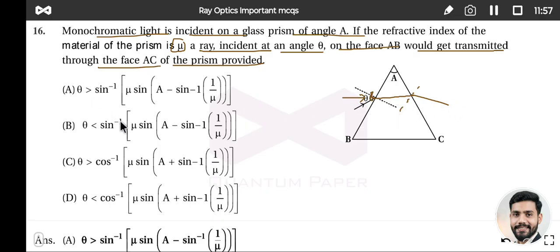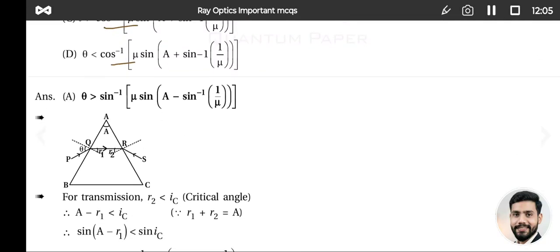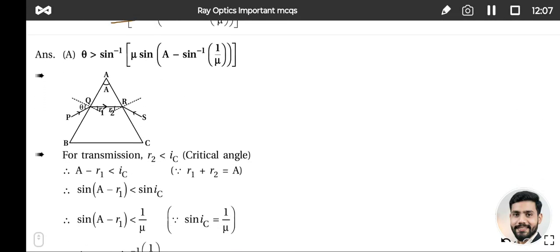It must be greater than, less than, cos inverse or sin inverse of this. So to get that ray transmitted through the face AC, this condition must be satisfied. For transmission, R2 must be less than, look at this ray diagram.